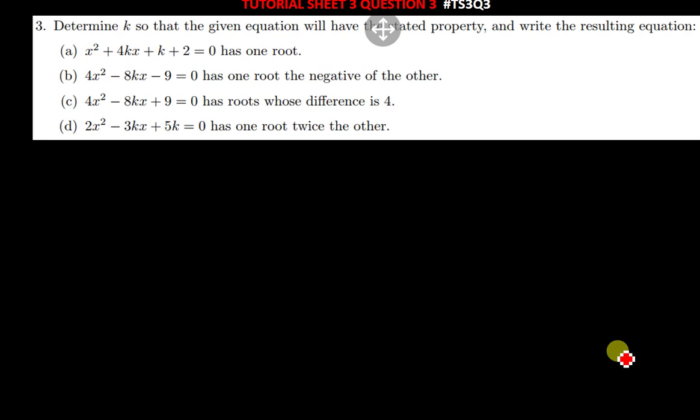You solve B in the same way that I've solved A, but first let me read the question. 4x squared minus 8k minus 9 is equal to 0 has one root which is the negative of the other. If you have one root which is the negative of the other, this one we cannot use the discriminant.